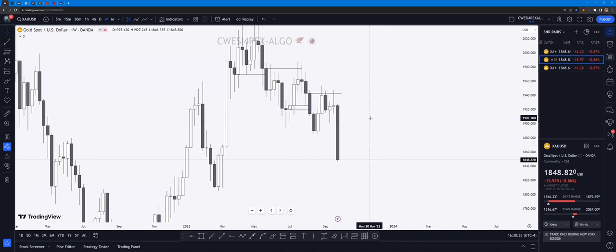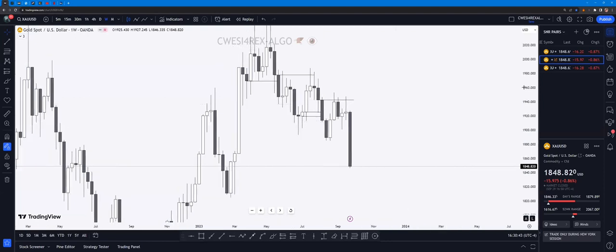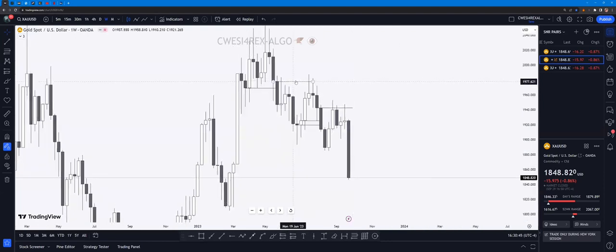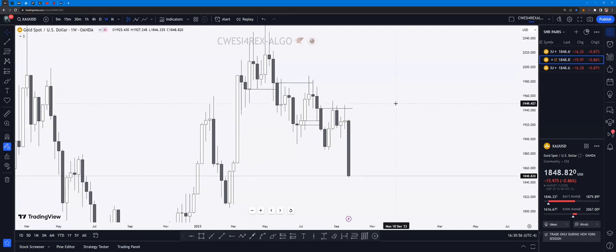That's the rule of the storyline. Now you guys understand how many times we can use a level, right? From the weekly time frame, we can use it 3 to 4 times. From H4 and H1, we can use it 2 times.